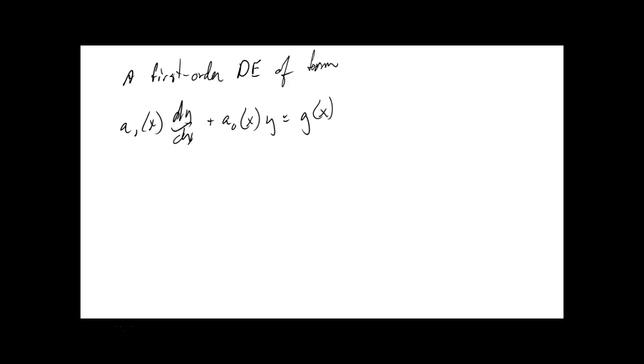Okay? And the g of x can't have any y's over there either. Your only term with first derivative is here, only x coefficients. The zeroth derivative, in other words, the y function itself there, with only x coefficients. And then on the right-hand side, only functions of x. That's what makes it said to be a linear equation in the variable y.